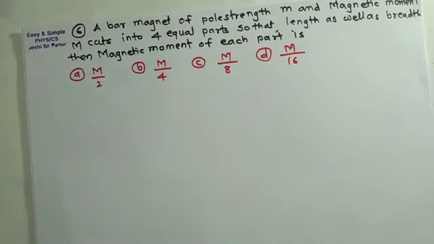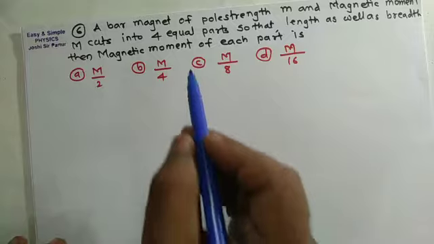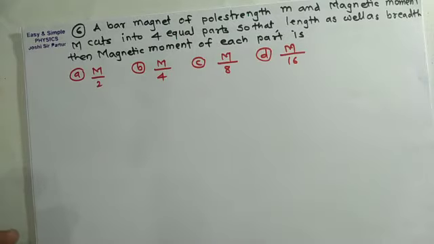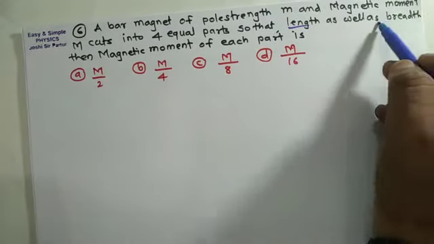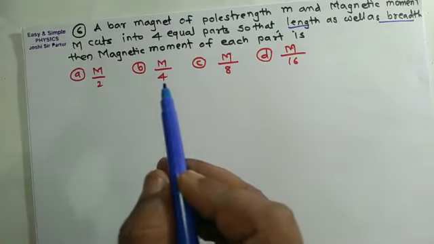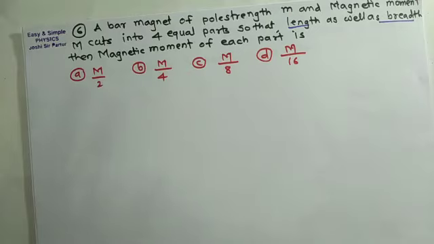Again, a question: a bar magnet of pole strength small m, magnetic moment capital M, is cut into 4 equal parts, so that length as well as breadth. What is the magnetic moment of each part? Here we can find the magnetic moment.